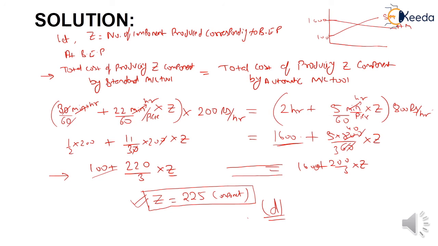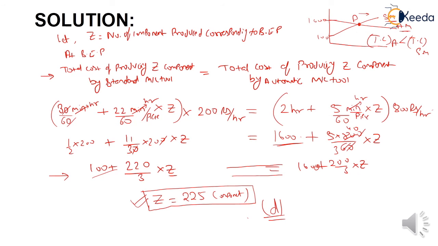These two curves, the total cost of the standard machine tool and the automatic machine tool, cut at a point. This point is known as the break-even point, and to the right side of this point, the total cost of the automatic machine tool is lower compared to the total cost of the standard machine tool.